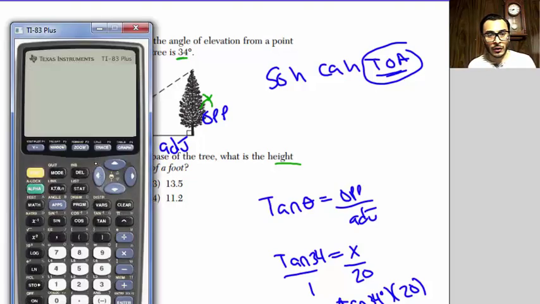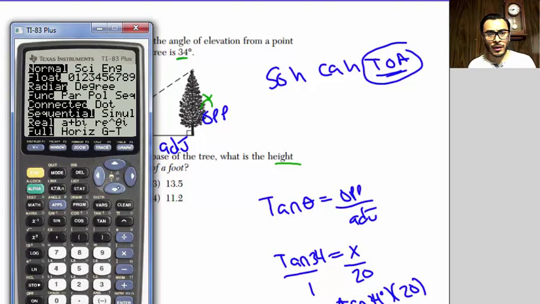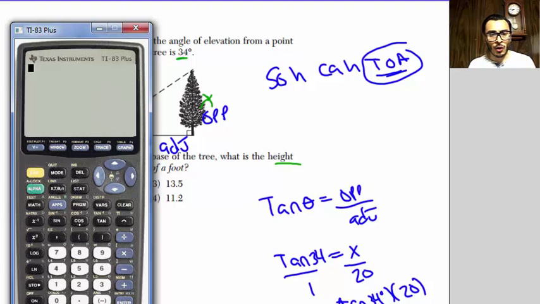All right, so I got the calculator. Make sure that when you're doing these problems that your calculator is in degree mode. Very, very important. So we're going to do the tan of 34, and we're going to multiply that by 20.